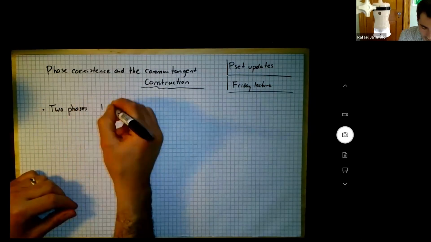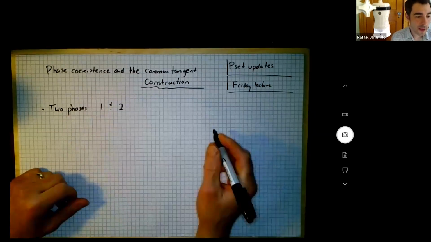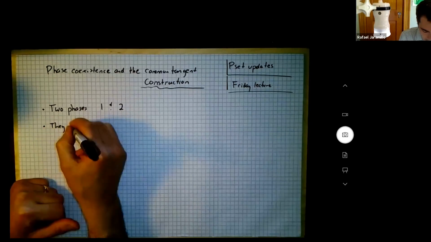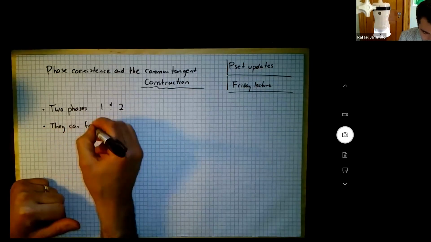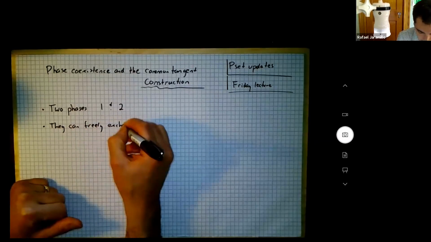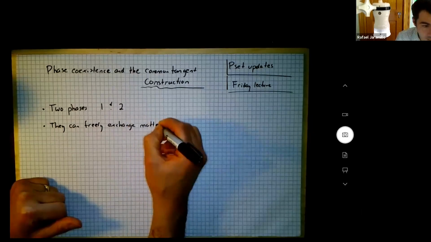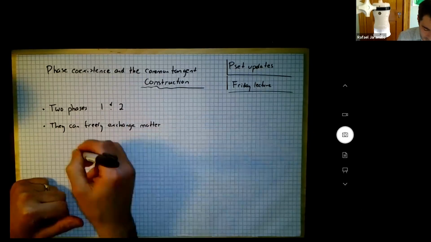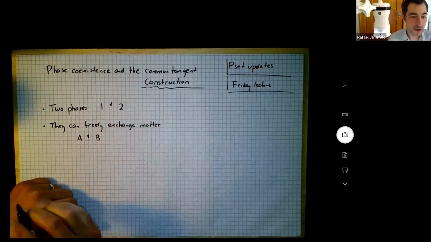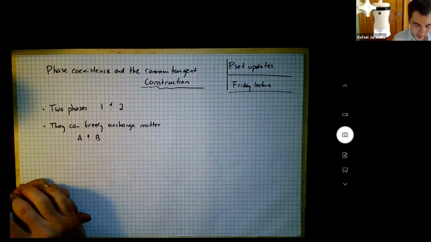We'll just label them 1 and 2. And they can freely exchange components A and B. So two phases, two components.